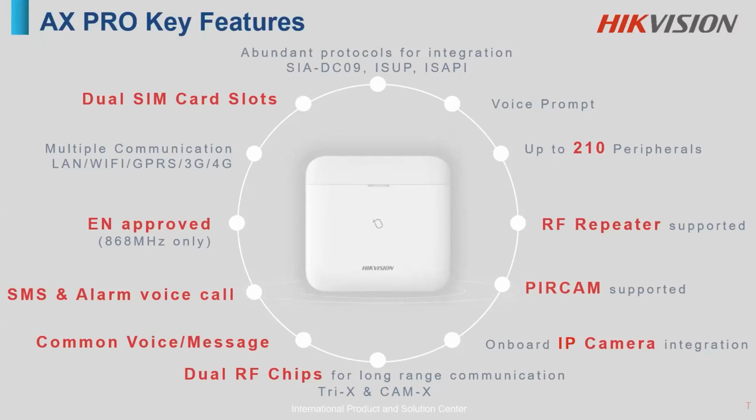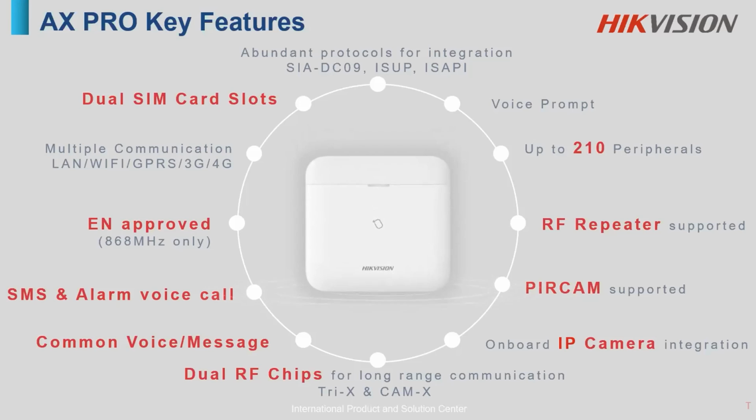And also we have common voice and message. So if you put a SIM card into this alarm panel, you are able to receive voice and message services through it. We have the common electronic key and certifications for this product, so it is safe to use in business and residential environments. When it comes to connectivity, as Varuna mentioned, we have LAN, Wi-Fi, GPRS, 3G and 4G.